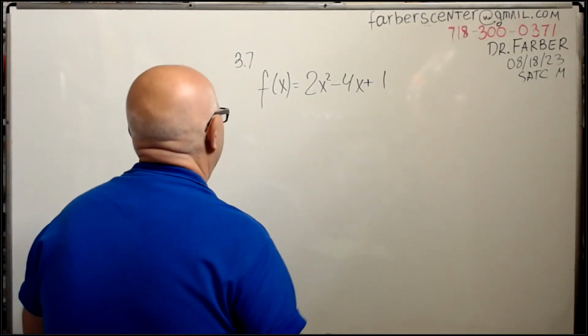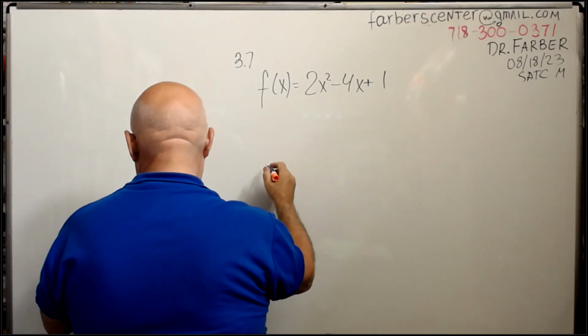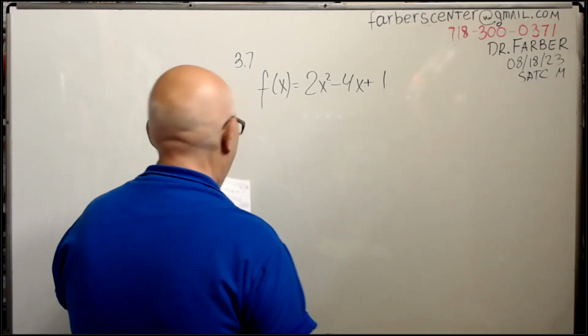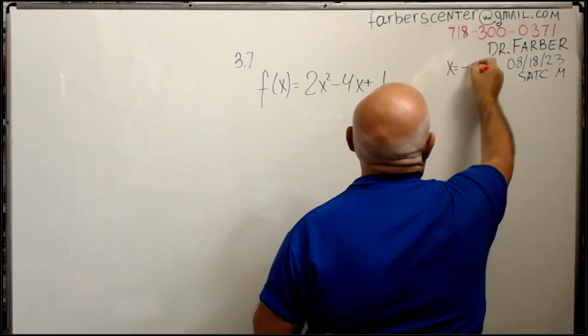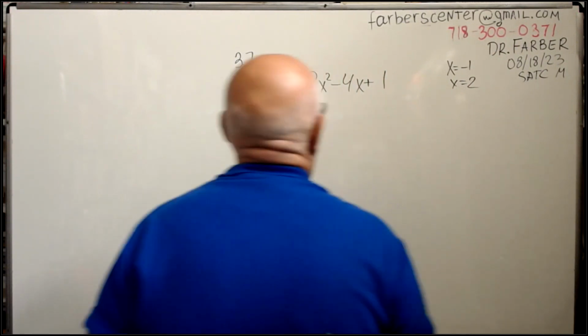And there is only one function, and they have 2 points: x equals -1 and x equals 2. But we don't have y.